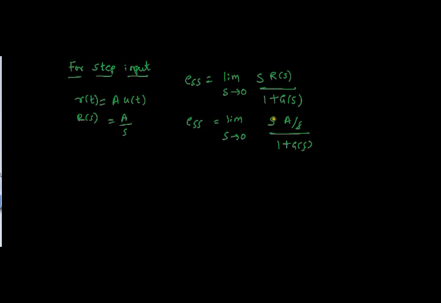So this s will get cancelled here, so we get A upon 1 plus Kp, where Kp is typically the limit of s tends to 0 of G(s).